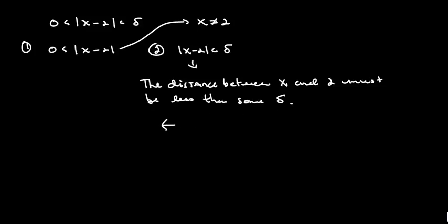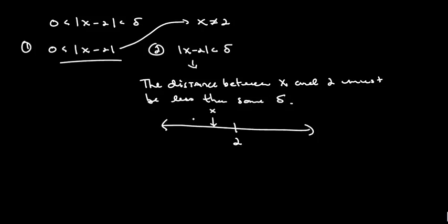Well, what does that look like? Here's the number 2. We know that x can't be equal to 2 because of this first part over here. So x must be somewhere, maybe out here, or maybe over here somewhere. What we do know is that the distance between x and 2 must be less than some delta.